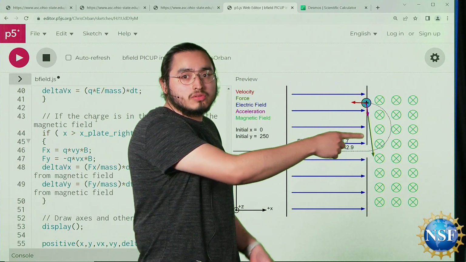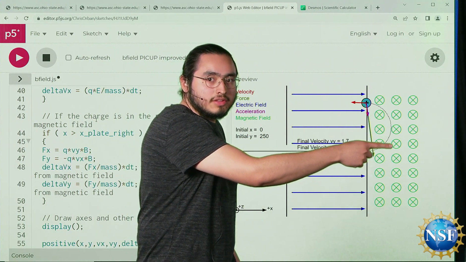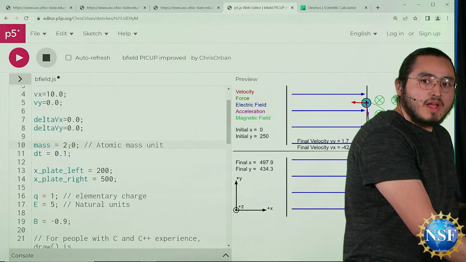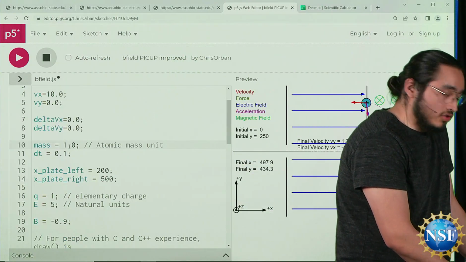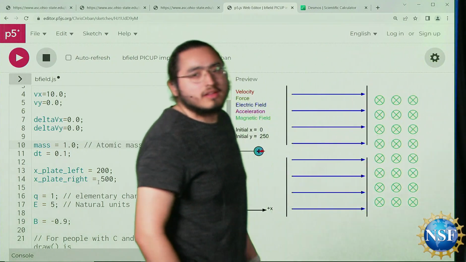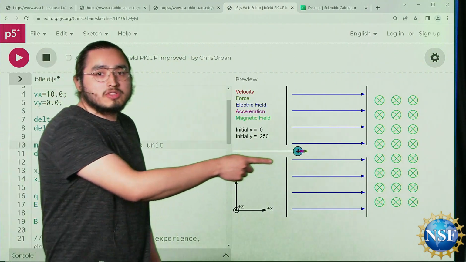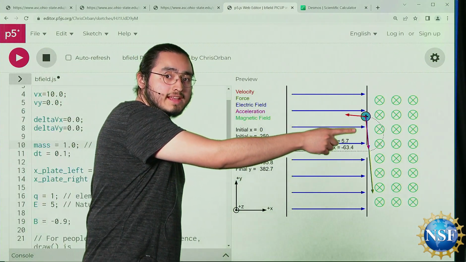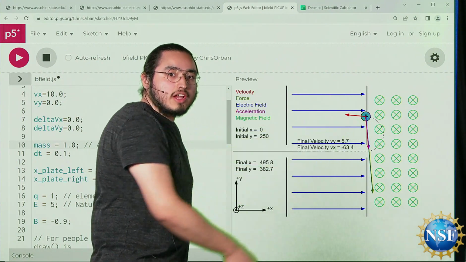It's a mass of 2, and it created this gyro radius right here. Now we change our mass to 1, because now it's just a proton, and let's see what happens when we run it. So our proton enters this electric field. Boom, and you saw it has a tighter, a smaller gyro radius here.